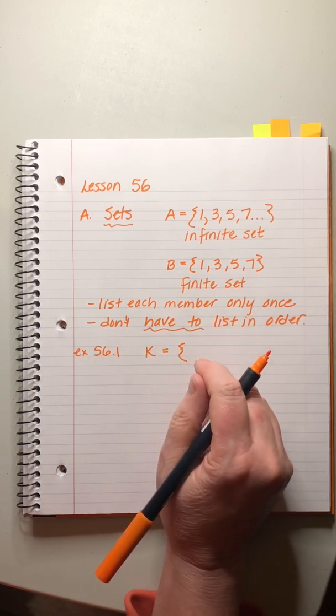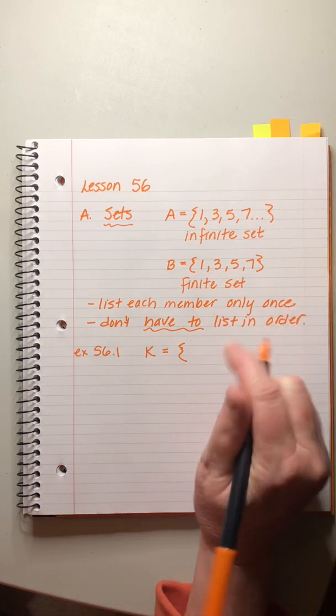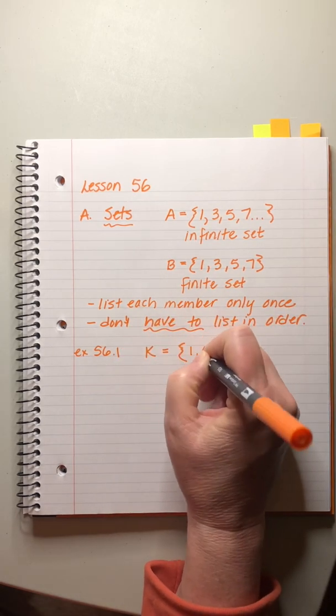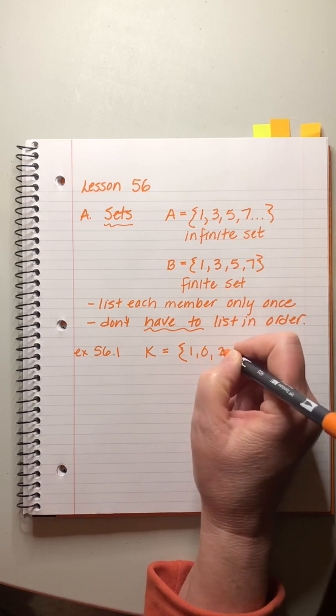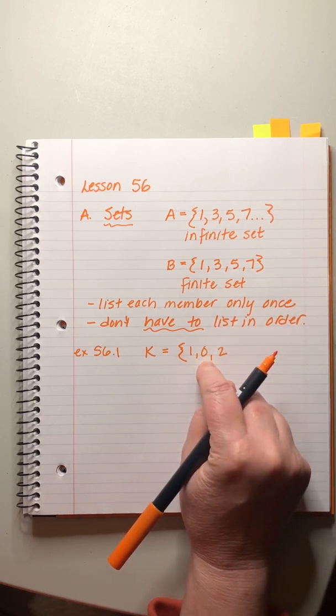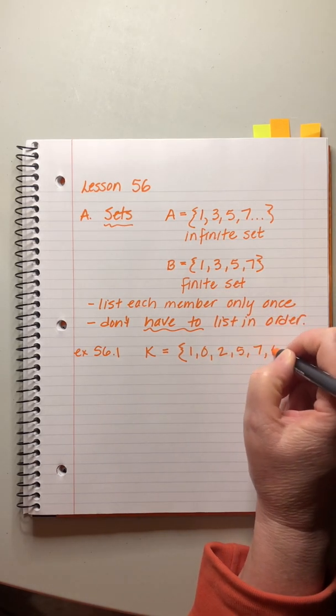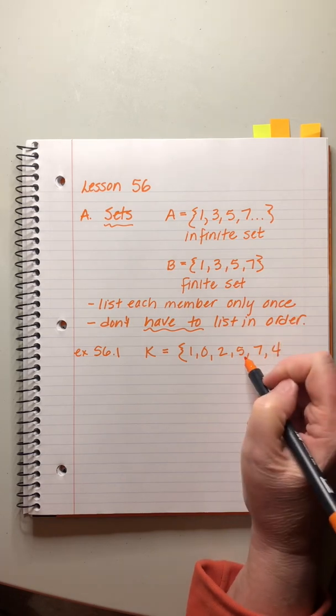Now, I'm going to go through this list, and I'm going to write each number only once. I'm not going to duplicate, okay? So 1, 0, 2, I'll read them to you. Then there's another 1. Then there's another 0. There's a 5. There's a 7. There's a 4. Then there's another 5 and another 7.